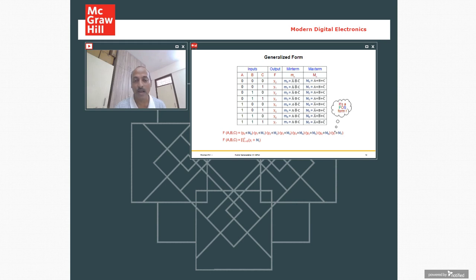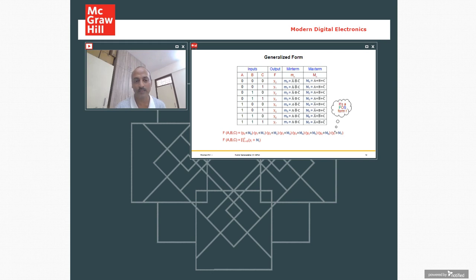So what will happen? Out of this n number of terms, if any term is 0, ultimately we are going to get output equal to 0. It may happen that it is 1 1 1 1 and 0. So at a time only one particular set of inputs we are going to apply, and hence a particular term will be 0 and the others will be 1.